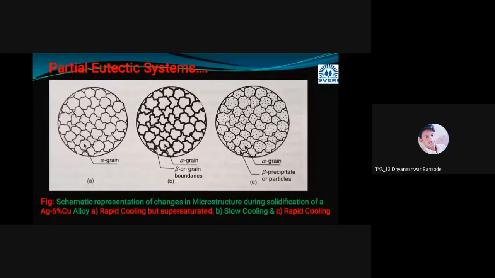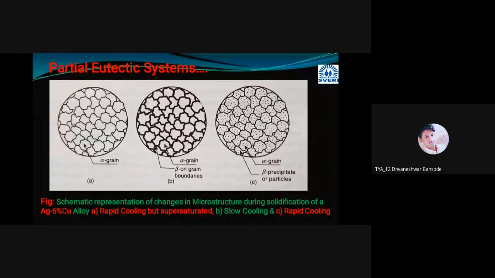In diagram B, we can clearly see that the beta grains are present only on the boundaries. As the cooling rate is very slow, they will occupy the alpha grain boundaries. Okay, all the beta grains will occupy the grain boundary of the alpha grain.